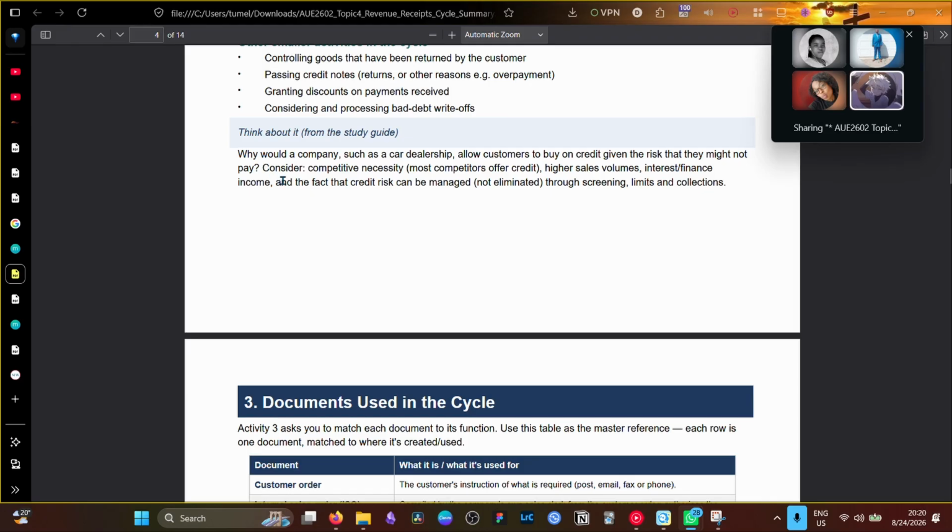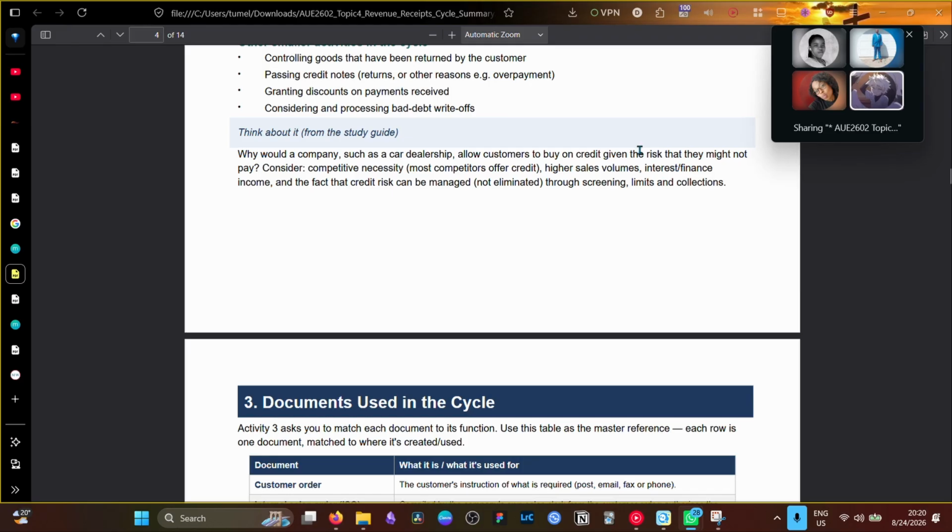If you have no track record of buying that car, it's gonna be harder for them to give it to you on credit. Says here, consider competitive necessity. Most competitors offer credit, higher sales volumes, interest/finance income, and the fact that credit risk can be managed, not eliminated, through screening limits and collections.